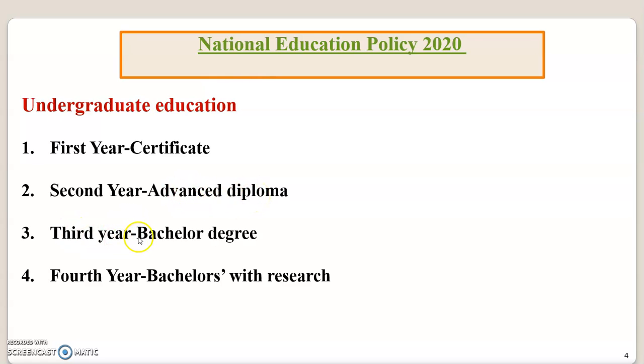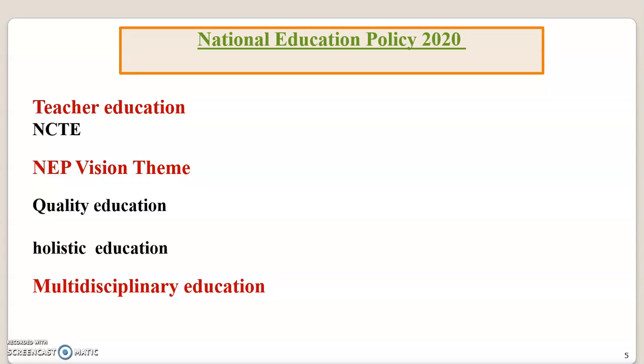If a candidate completes the entire 3 or 4 years of the course, they will be granted a bachelor's degree. And if a student completes the 4-year program along with research work, they will be eligible for PhD work. So this is also a major reform in undergraduate education.